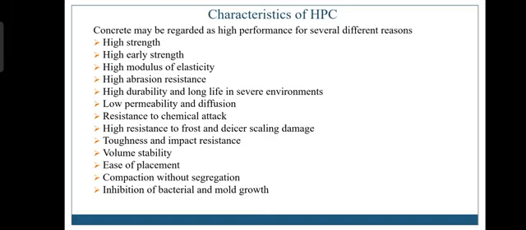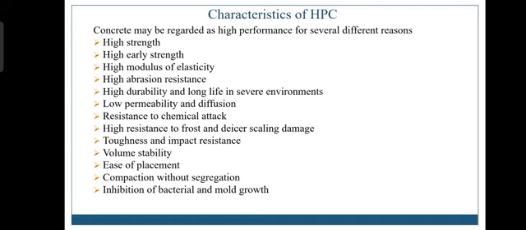These characteristics are high strength, high early strength, high modulus of elasticity, high abrasion resistance, high durability and long life in severe environments, low permeability and diffusion, resistance to chemical attack, high resistance to frost, toughness and impact resistance, volume stability, ease of placement, compaction without segregation, and inhibition of bacterial and mold growth.